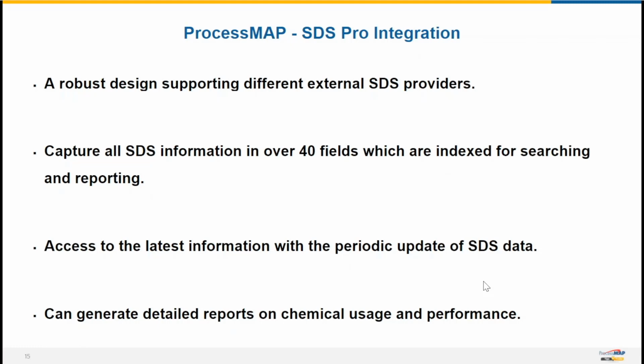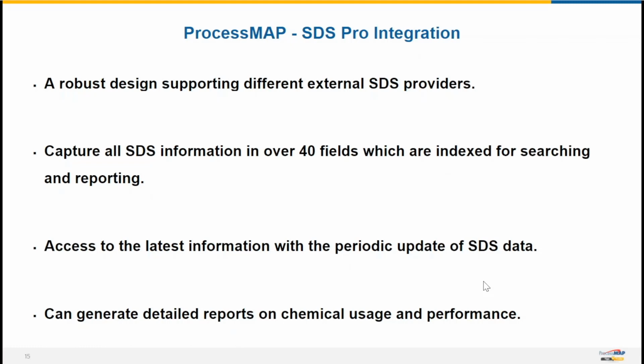Also, our SDS management module allows the user to house the SDS for different employees' access based on their location as well. The module captures all the SDS information in over 40 to 70 different fields, and all these different fields are connected through API web services. And then a user can always access the latest information, whatever is available up to date.